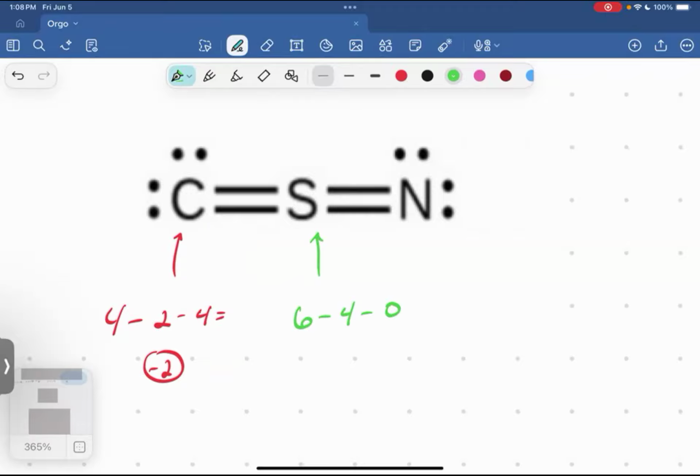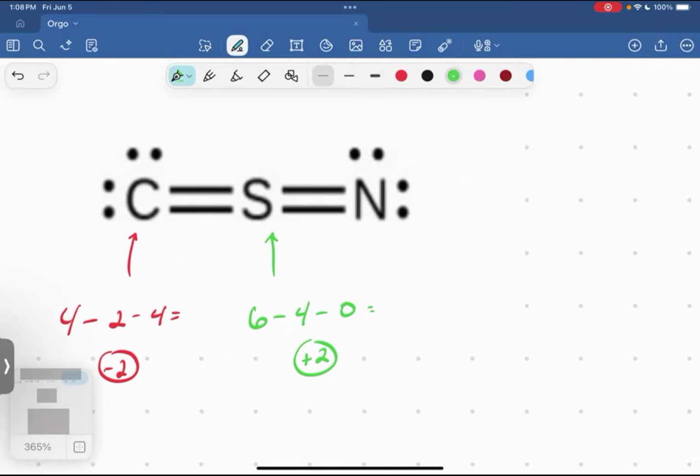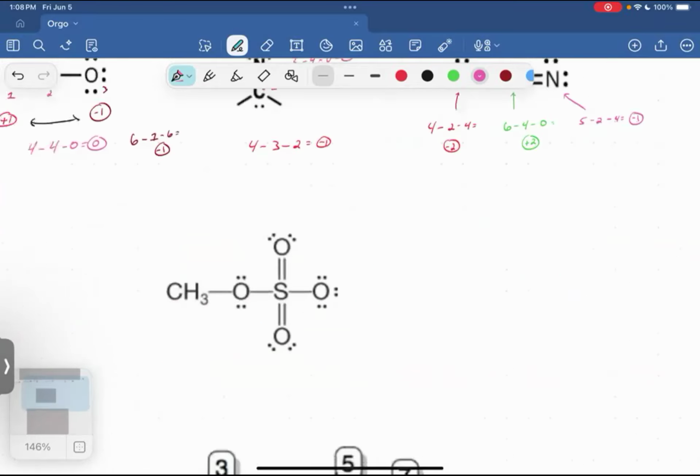It has a full octet, giving us +2. How about this nitrogen? Nitrogen has 5 valence electrons, making 2 bonds minus 4 lone electrons, giving us -1. So hopefully that makes sense.